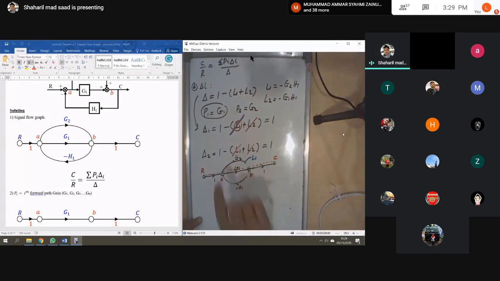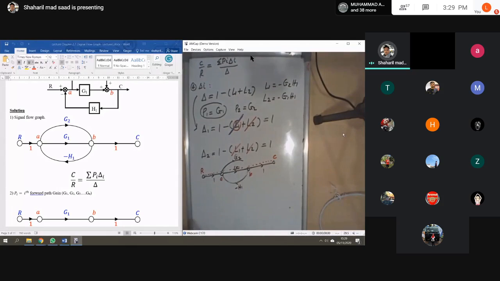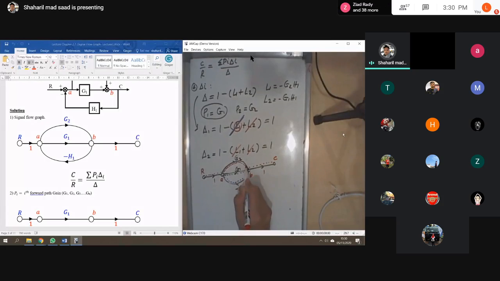Then for the L2, this one the loop L2, it also touches the, what we call it, this one is P2, right?